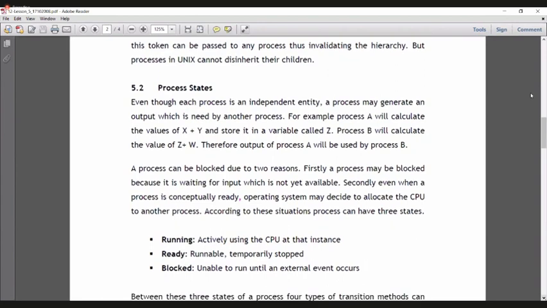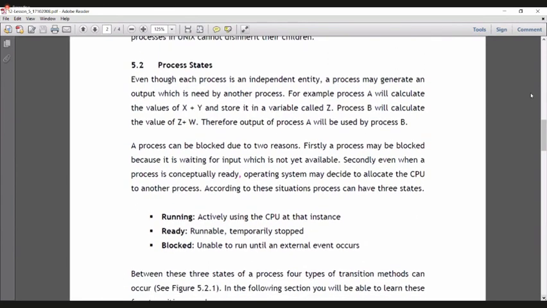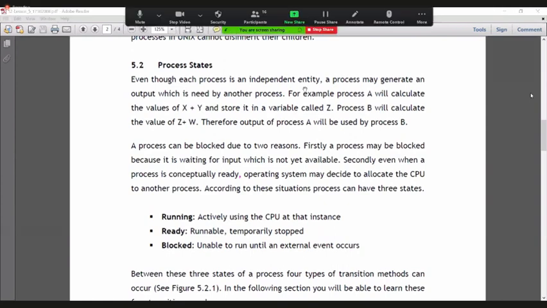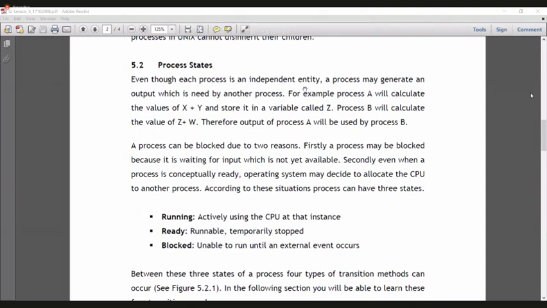So next one, process states. We have talked about process states earlier also. Even though each process is an independent entity, and when you call the process, it can run independently, the process may generate an output.